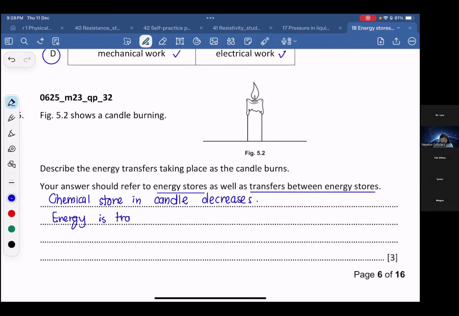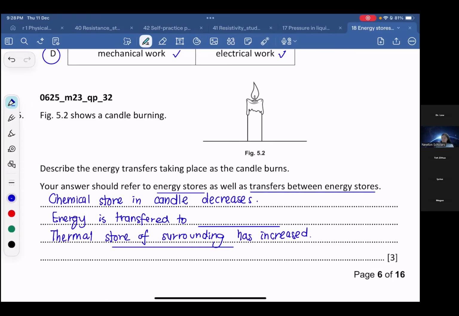Energy is transferred to, and what energy store? Angeline, yes, for the last point. Christoph, last point, correct. Surrounding the energy store, thermal energy will increase.